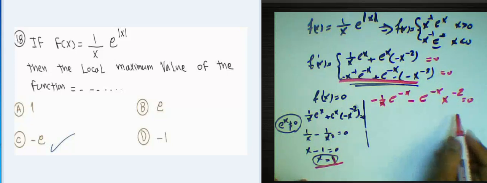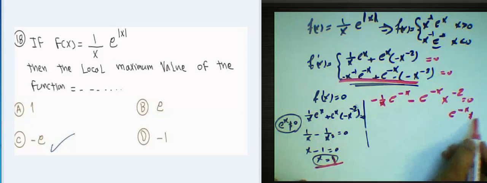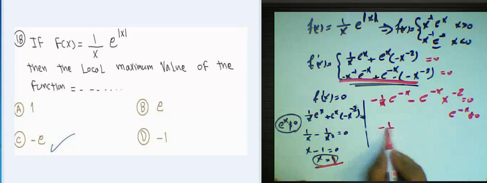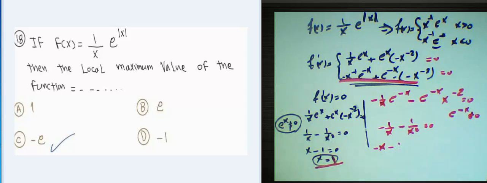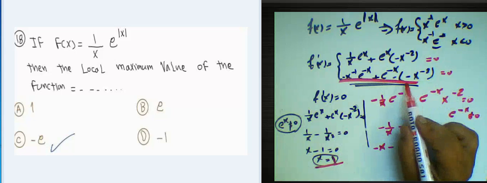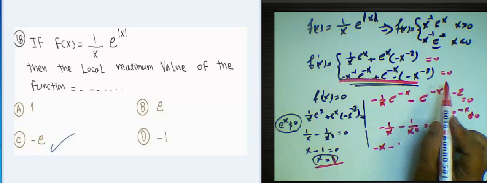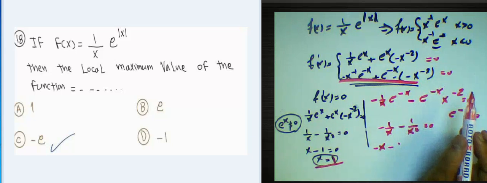We can divide by e^(−x), because it is not equal to 0. Then negative 1/x minus 1/x² equals 0. Multiplying by x², it will be negative x minus 1 equals 0.